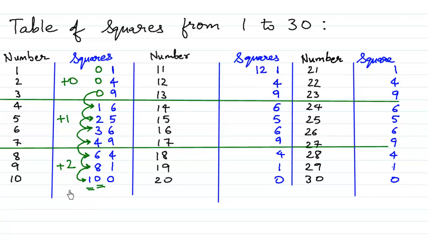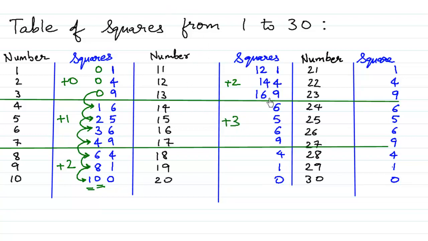Remember, there is no green line over here, so we are still going to add 2. So over here also we are going to add 2. So 12 plus 2 is 14. 14 plus 2 is 16. But then we see a green line. So from here onwards, we are going to add 3.